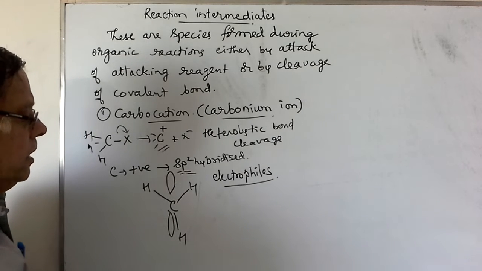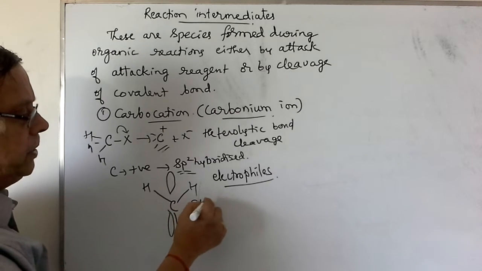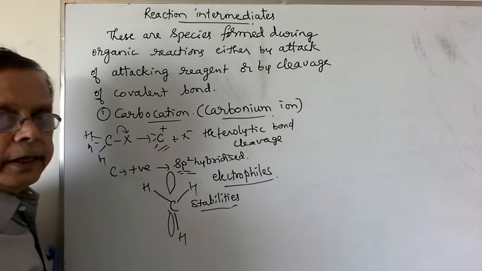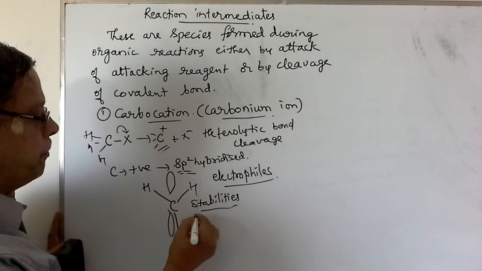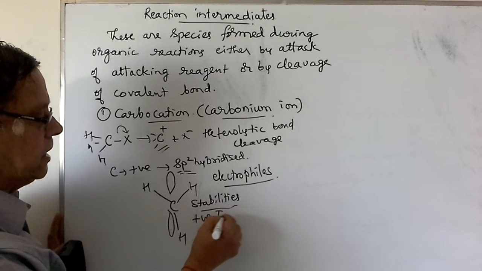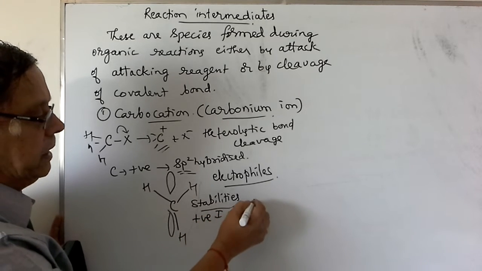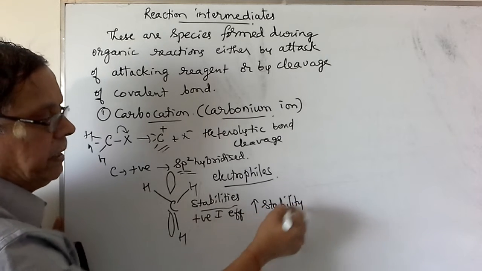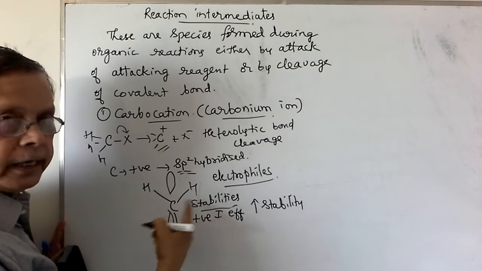And one more thing is, with respect to the stability of these carbocations, any group that is having positive inductive effect, plus I effect, will increase the stability of the carbocation.